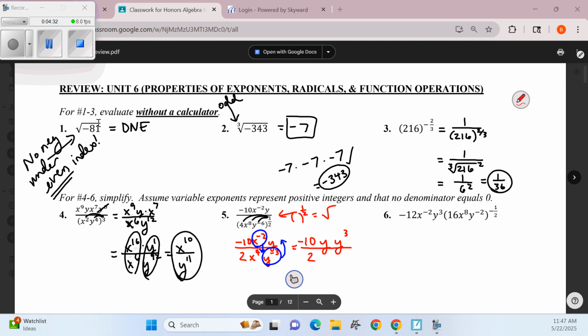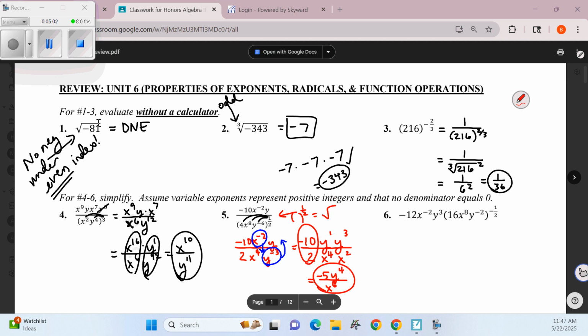The 2 is still in the denominator, the x to the 4th is still in the denominator, and now we're going to have an x to the positive 2 when that x to the negative 2 moves down. So combining everything, reducing our fraction out front, this would look like a negative 5 with 4 y's on the top, right? This is like a y to the 1, so we add exponents, and then over x to the 6th in the denominator.